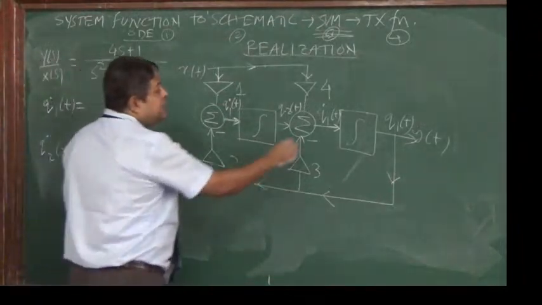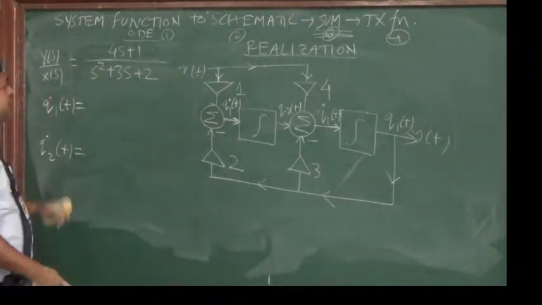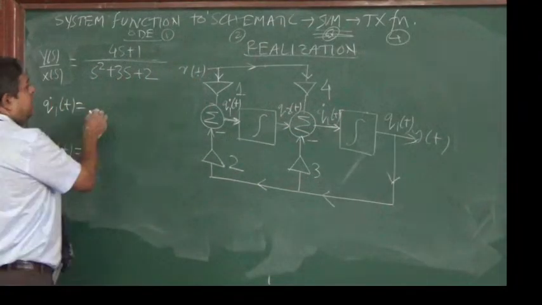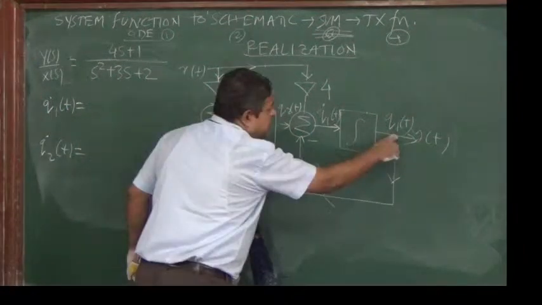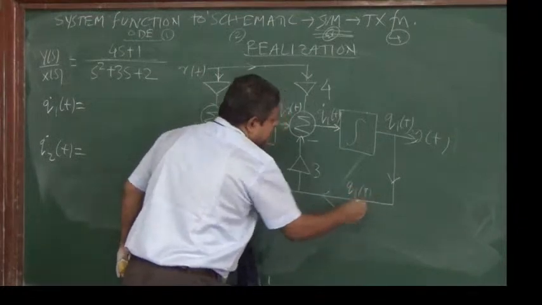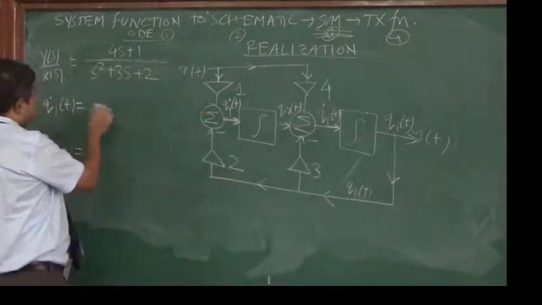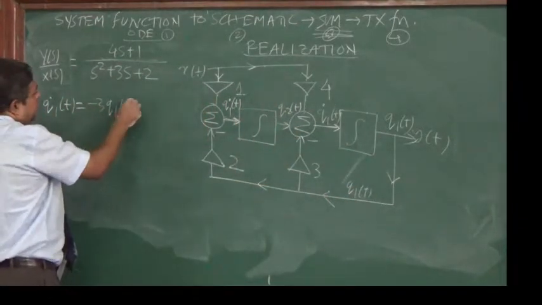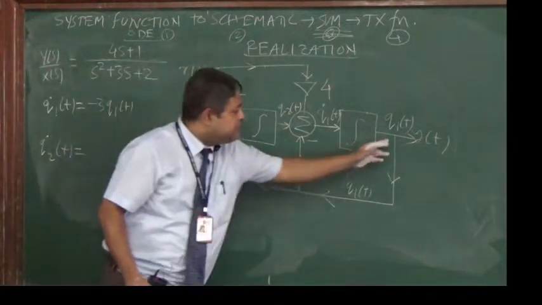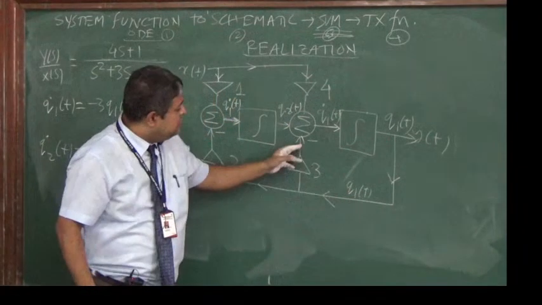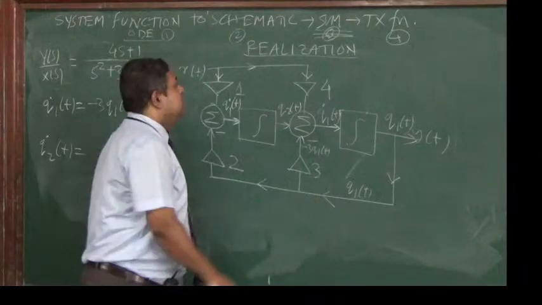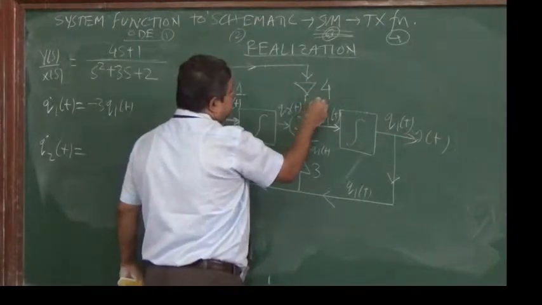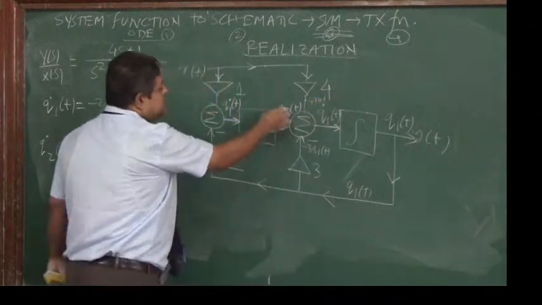So how to write the q1 dot(t) equation? First, q1(t) is coming with 3, so this is minus 3 of q1(t). This q1(t) is coming from here with 3, and this thing is minus 3 q1(t). The signals are 4 of x(t) and this is q2(t).